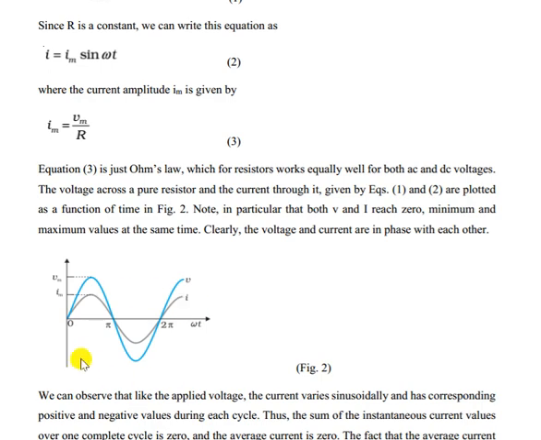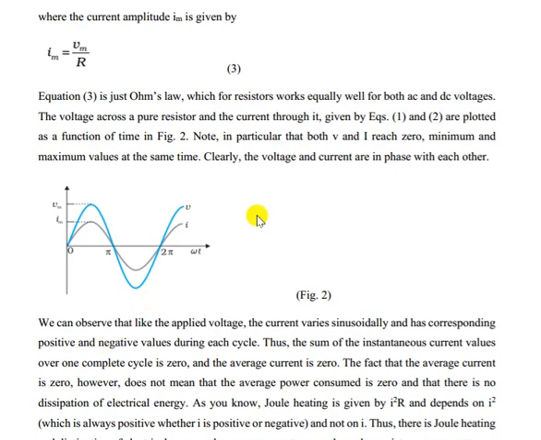From this graph again we can see that voltage and current are in phase with each other. In phase means the zero points are at the same location, and the maximum occurs at the same location. See here, for the V and I waveforms, zero occurs at 0, at pi, at 2 pi.